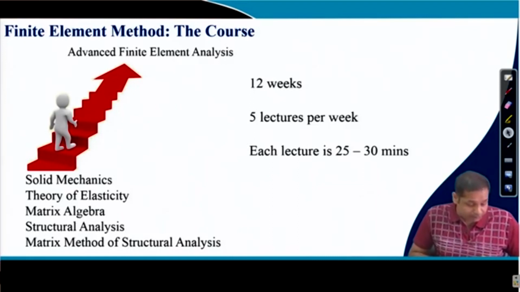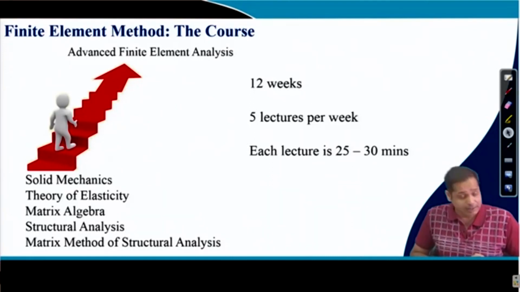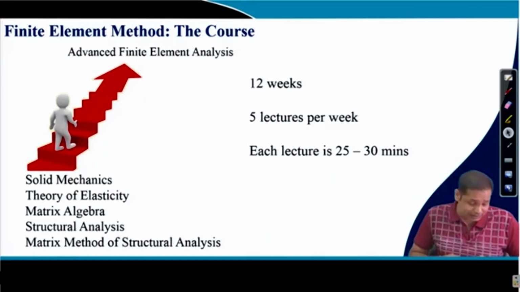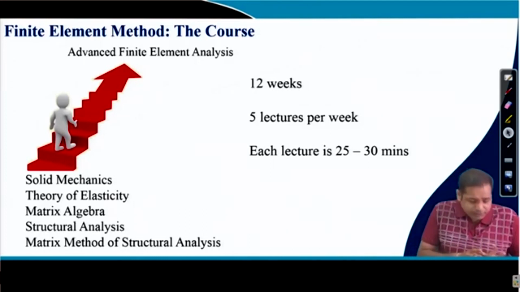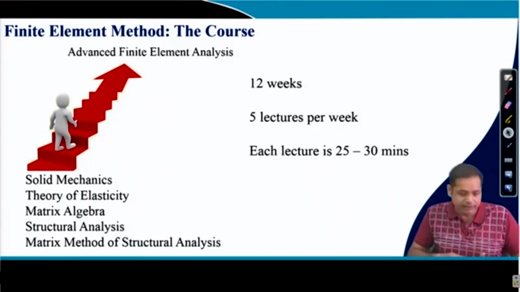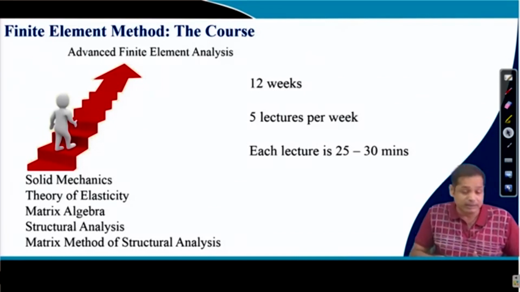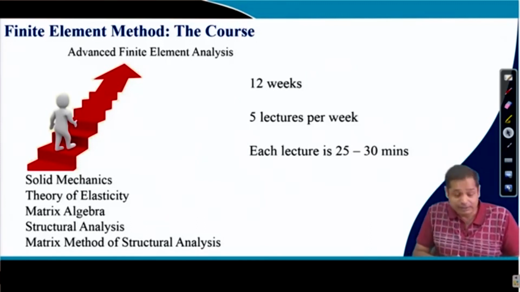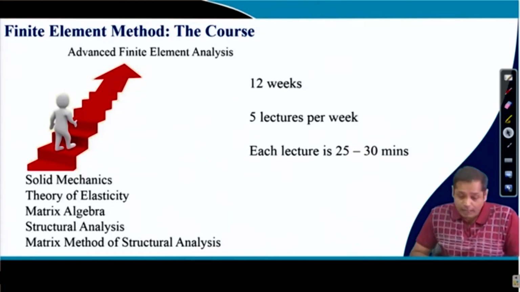All of you probably have structural analysis, and a slightly advanced version of structural analysis, which we also call direct stiffness method or matrix method of structural analysis. So with this prerequisite, this course will take you to more advanced finite element analysis, the methods which deal with nonlinearity, geometric nonlinearity, then material nonlinearity, other complexity that you may have in the problem.